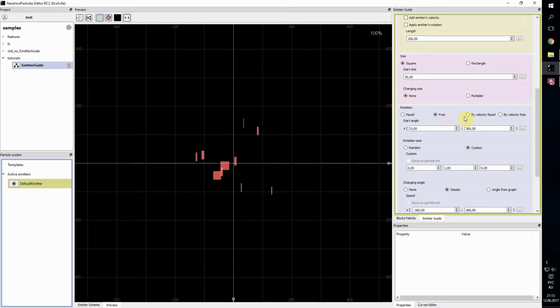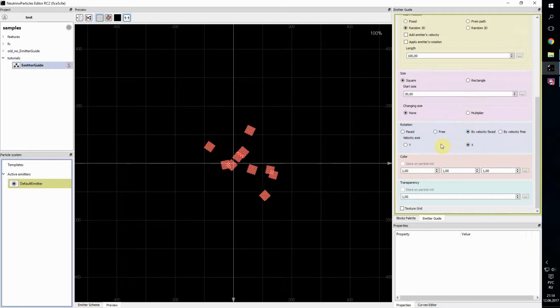And the next one, by velocity phased mode, is no less useful and allows you to rotate particles by the velocity vector. So the particles will be rotated by some side to the speed direction.